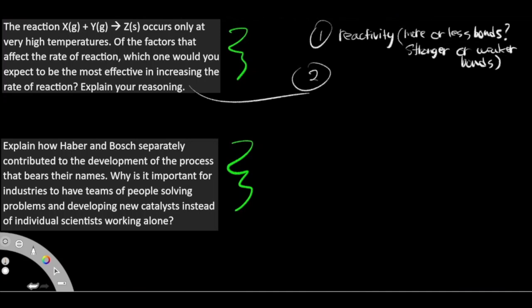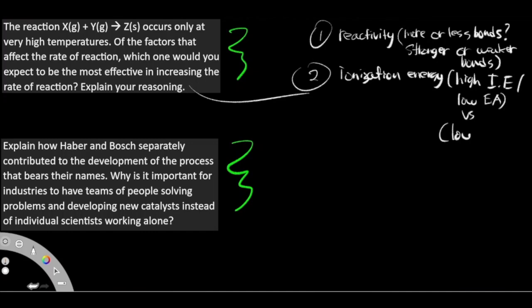Next, another factor that affects the rate was, hopefully you remember, ionization energy. And remember, for ionization energy, you could have a high ionization energy as well as a low electron affinity, versus a low ionization energy and a high electron affinity.